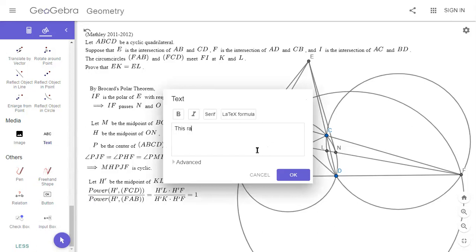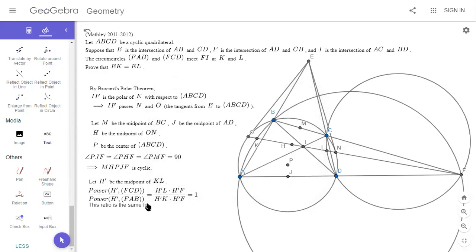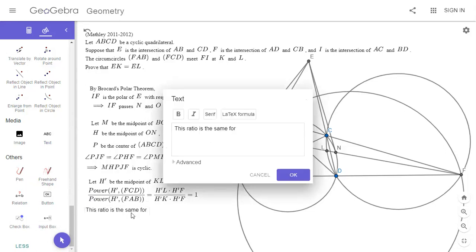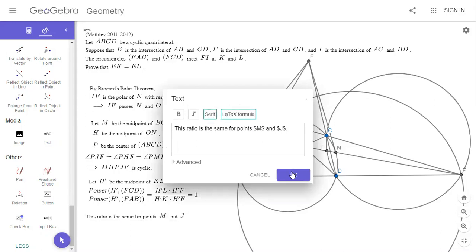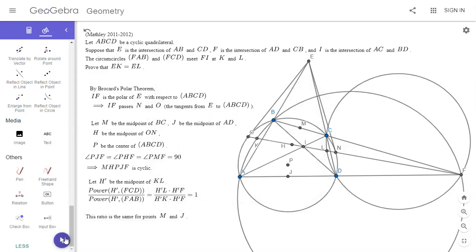And then this ratio is the same for points M and J. So by the power ratio lemma, basically MH prime JF is cyclic.